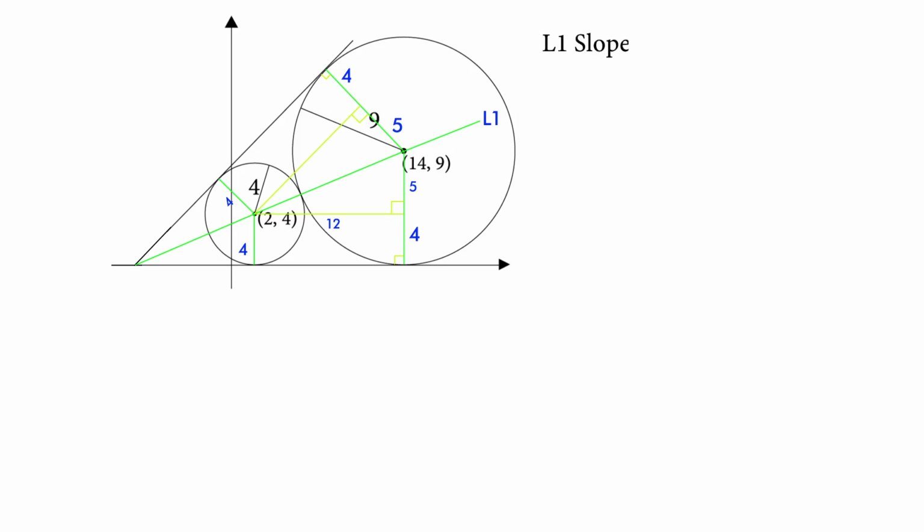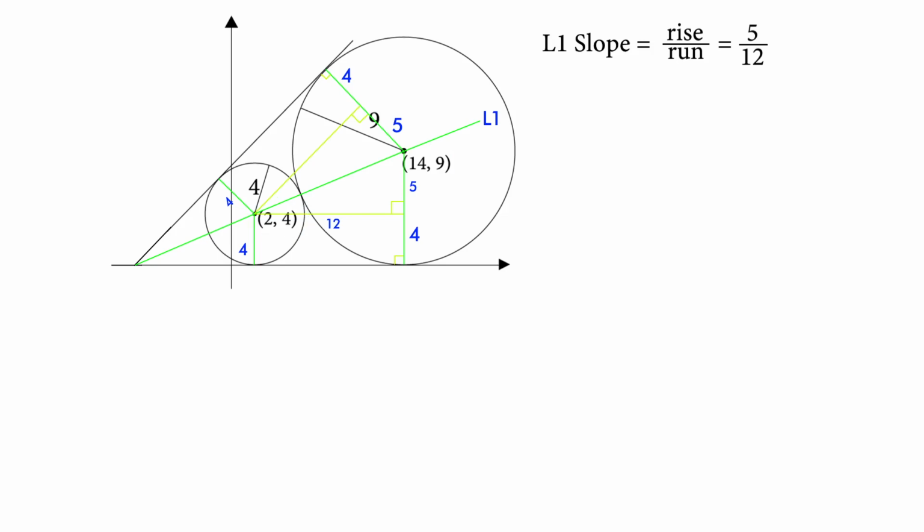Well, the slope of any line we can figure out easily with rise over run, as I'm sure you know. And the rise in this case we can get easily through this triangle, and we can also get the run. The rise is 5 and the run is 12. So the slope of that line L1 is 5 over 12. And you could easily calculate that slope using these 2 points as well. Either way it would work.